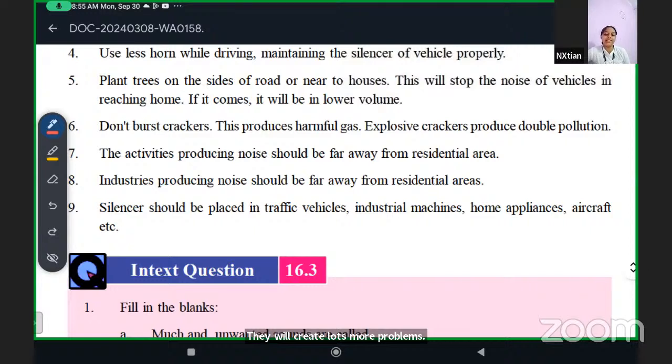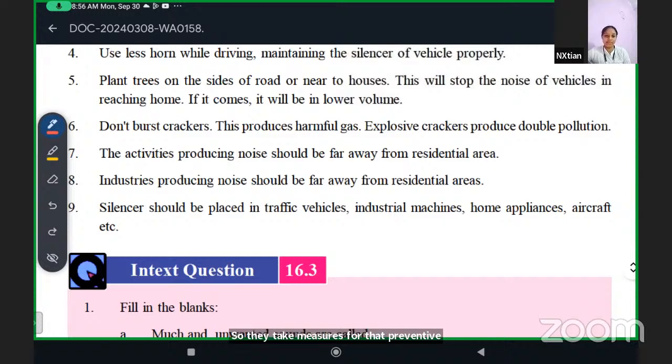Not necessarily, it doesn't have to be near a forest area. Or they could even create a fire. Industries take precautionary measures so that a fire doesn't take place. They take preventive measures for that.